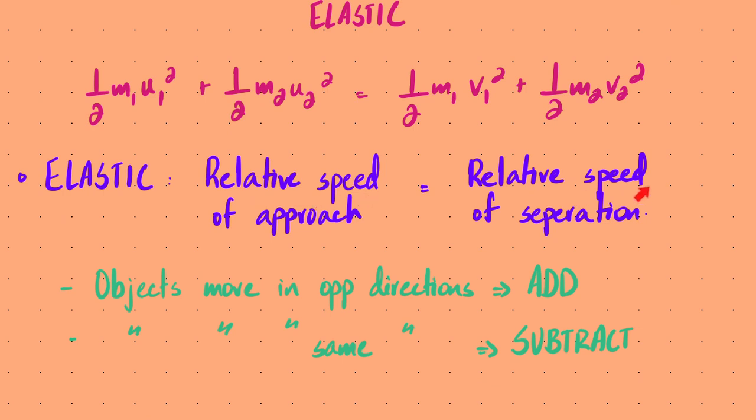But this expression clearly says it's speeds. So when you keep in mind the rule that for objects moving in opposite directions you add, and for objects moving in the same direction you subtract, this is already taken care of. Then you only need to play with the numbers the examiner has given you. You do not need to assign any signs to those.